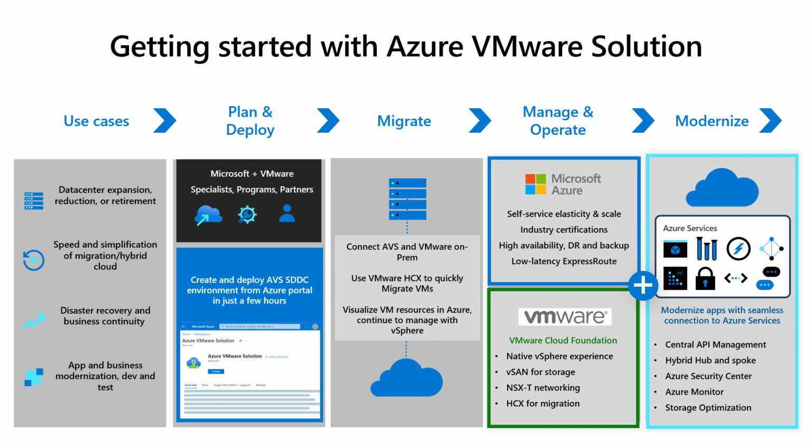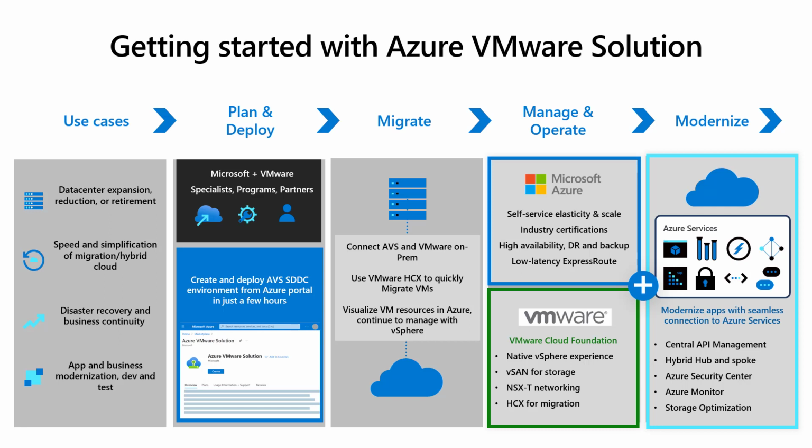The best part, though, is you can also use your VMware tools. So there's the native vSphere experience. Then there's vSAN for storage, NSX-T for networking, HCX for migration, and everything lives underneath VMware Cloud Foundation, which is essentially vSphere. It's a pretty interesting and compelling story if you're thinking about trying to speed up a digital transformation effort within your company or for a customer.